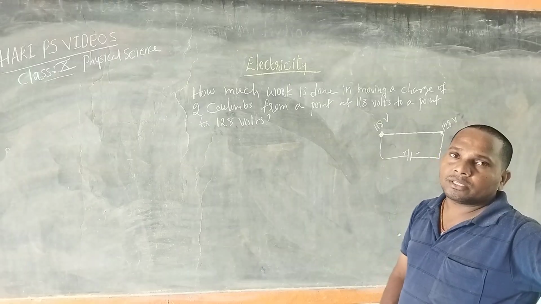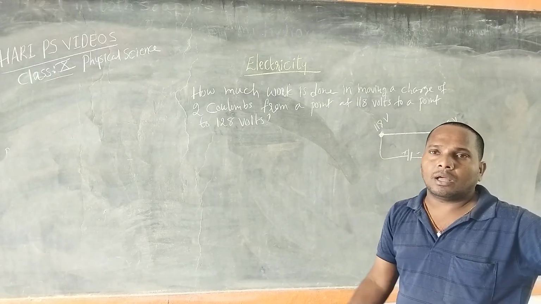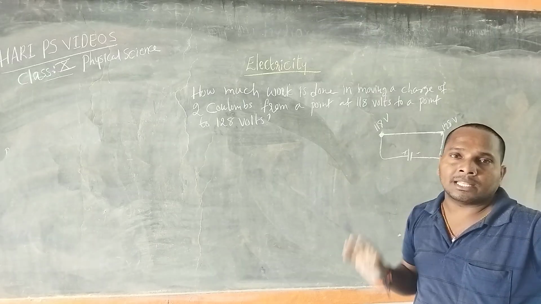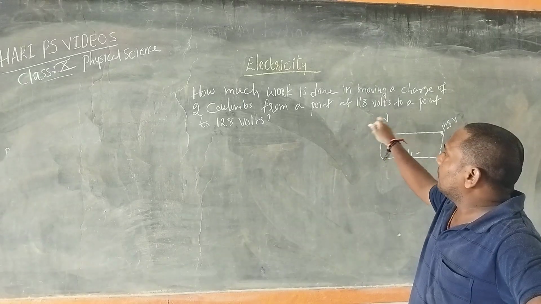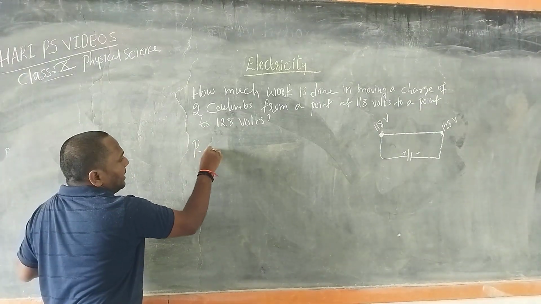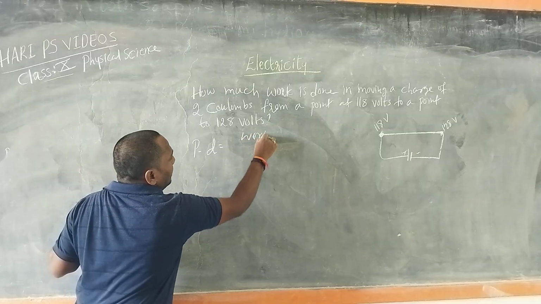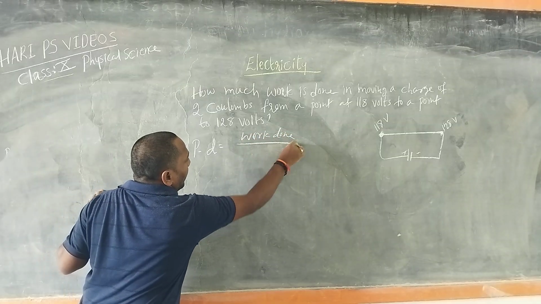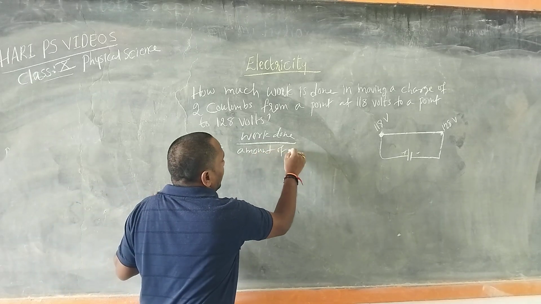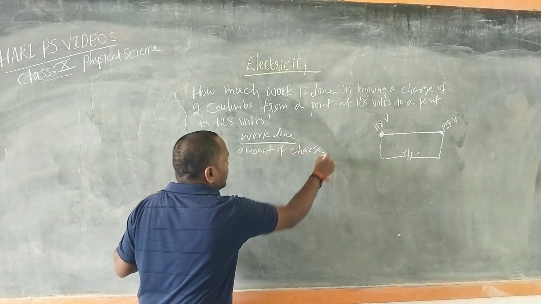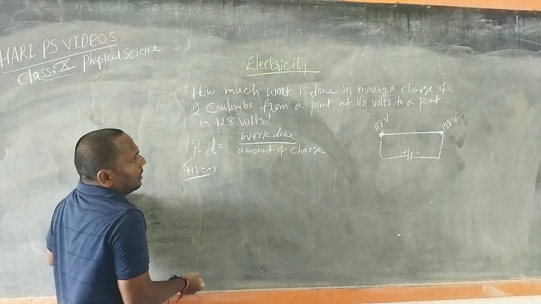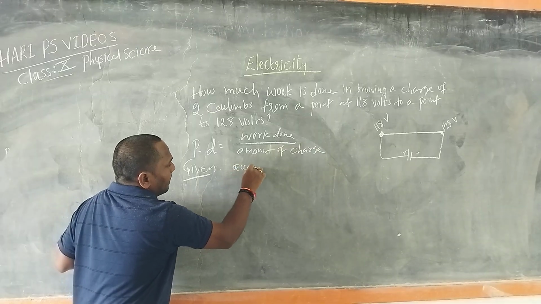So what is meant by potential difference? The work done to move a unit charge from one point to another point. So we know potential difference PD is equal to work done by quantity of charge. Let us first write the given values.